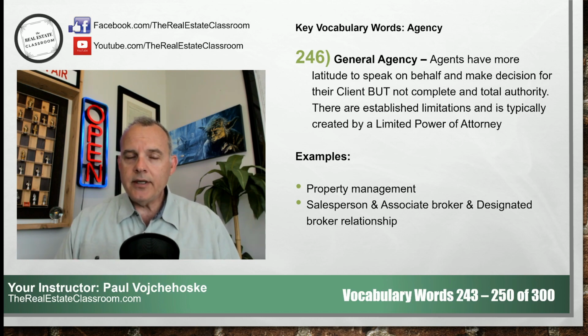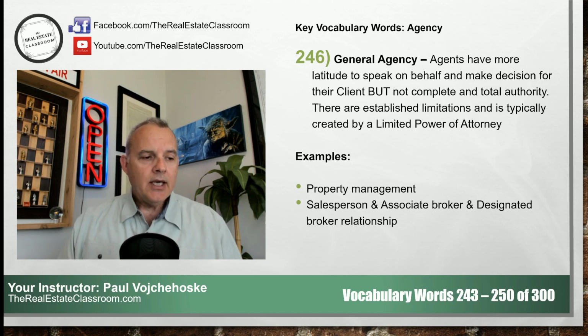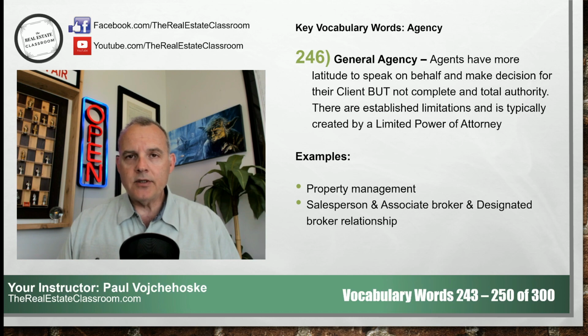This is typically created by what's called a limited power of attorney. The two most common examples that I see of general agency are a property management situation and a salesperson or associate broker relationship with their designated broker.